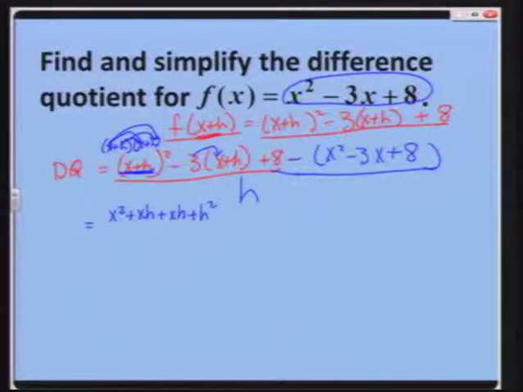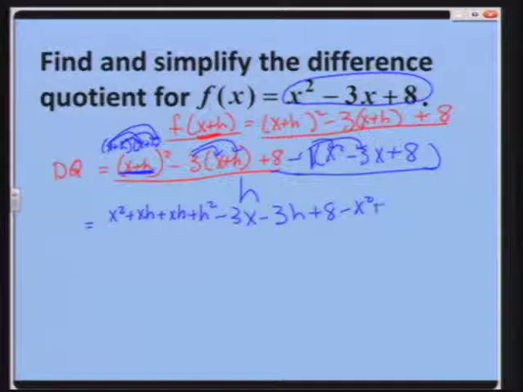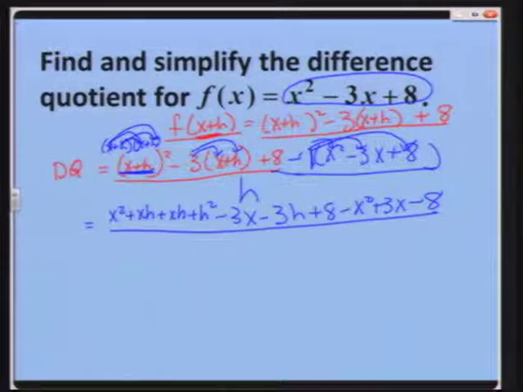Then distribute here and get minus 3x minus 3h, bring down the plus 8. And then I distribute a negative 1 in and get minus x squared plus 3x minus 8, all divided by my h.